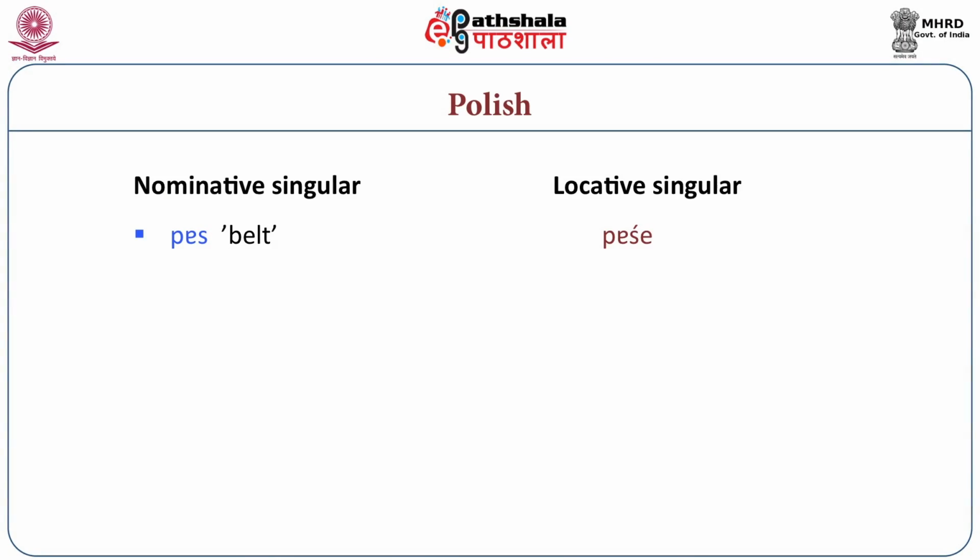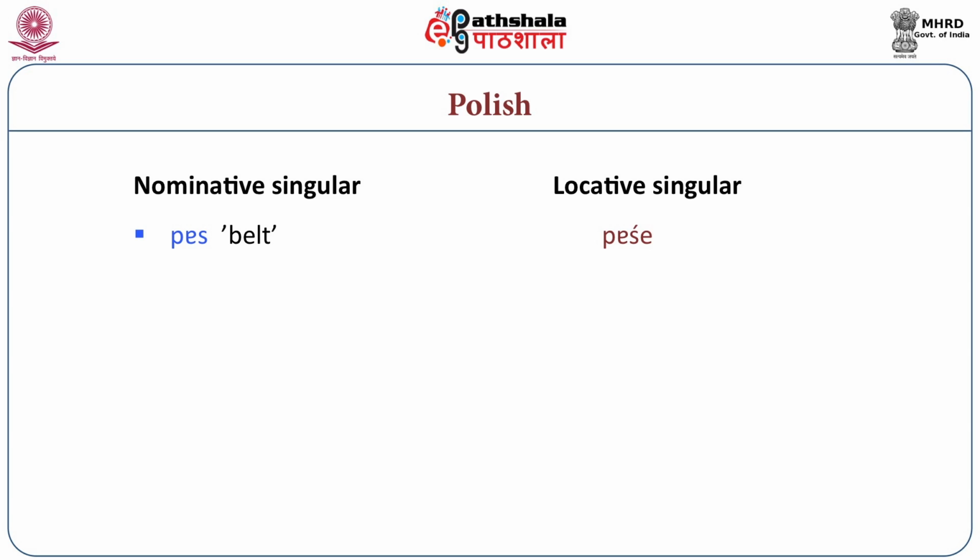But sometimes it is not always possible to find counter-evidence when we have limited data especially. Let's take a look at the examples from Polish. In Polish, we have an alternation between s, an alveolar consonant or a post-alveolar fricative, and sh, which is a pre-palatal fricative.